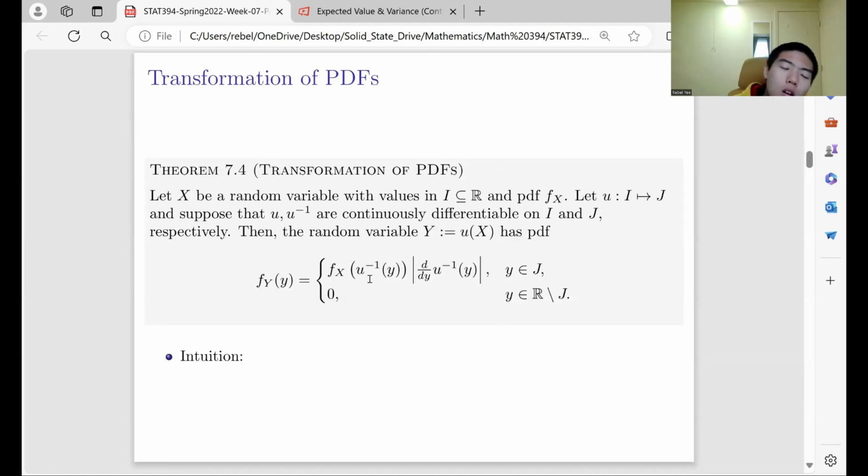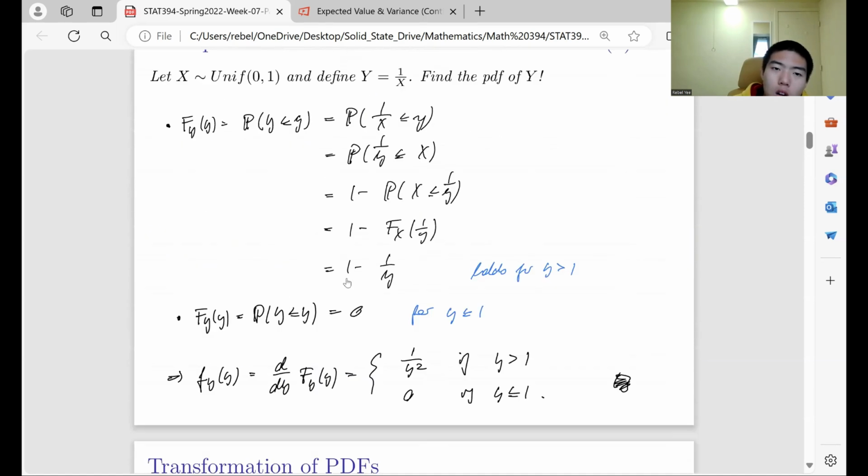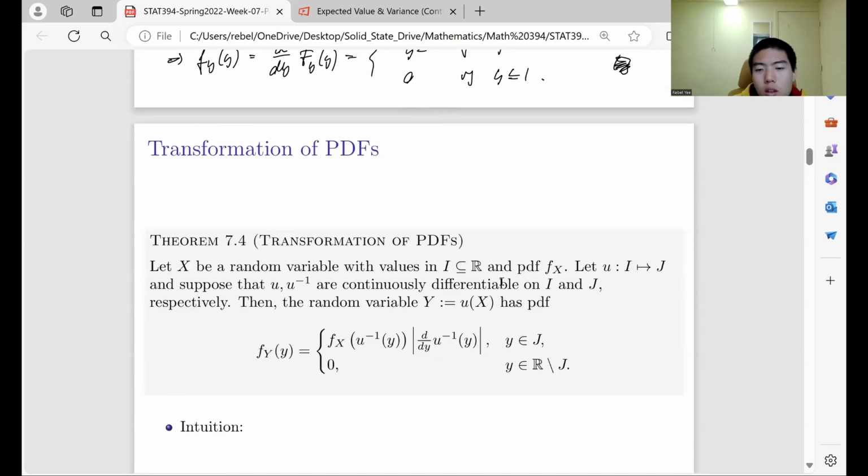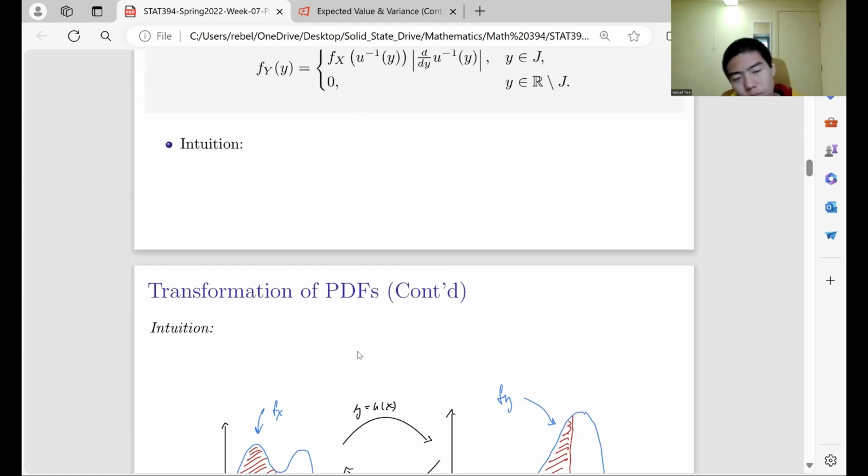Because X is a uniform distribution, its slope is 1, so the differentiation is also 1. So this is just 1 over y squared, and beyond the range it's 0.